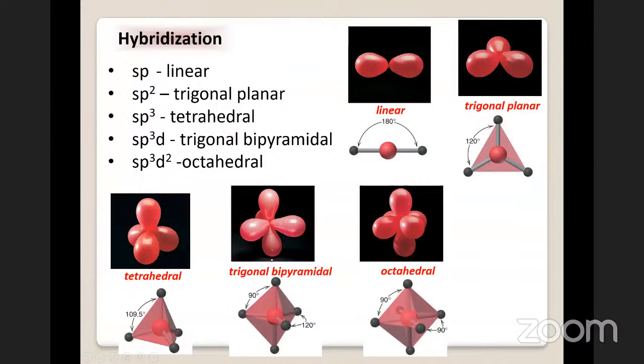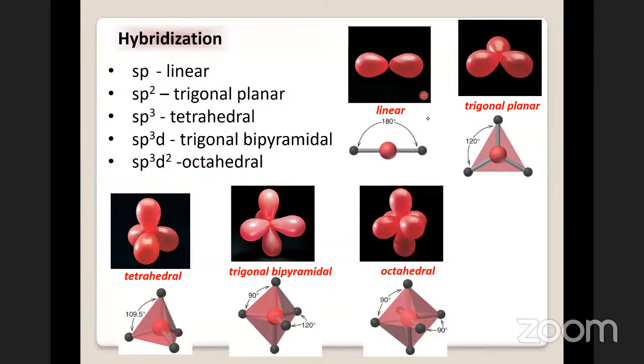If you have an sp3 hybridization, you have a tetrahedral structure. Then if you have sp3d, you have trigonal bipyramidal, and sp3d2 gives octahedral. So once again: sp linear, sp2 trigonal planar, sp3 tetrahedral, sp3d trigonal bipyramidal, and sp3d2 octahedral.